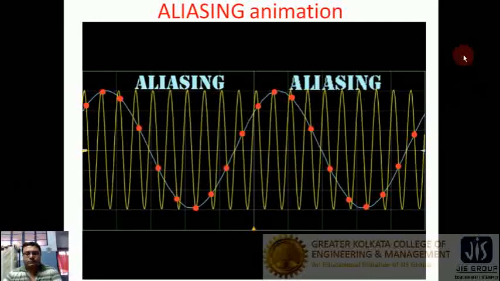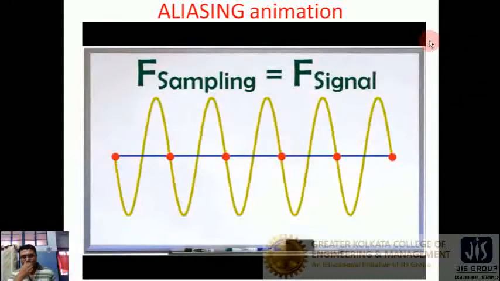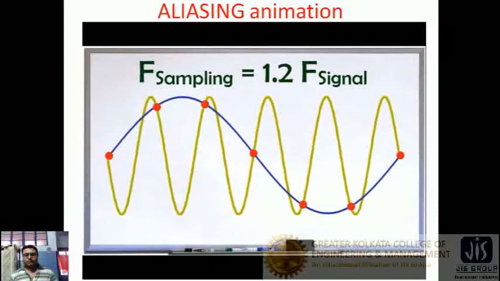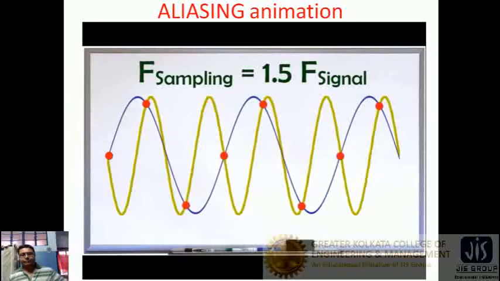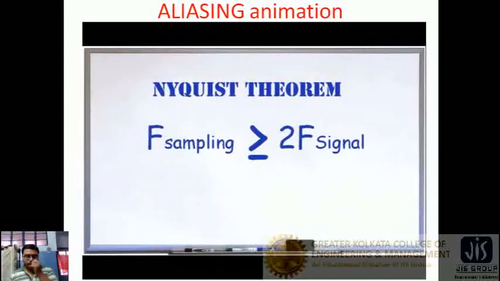Aliasing is the effect of an insufficient sampling when a signal is digitized. The effect results in a false digitized signal with a frequency lower than that of the original analog signal. The frequency of the aliased signal can be anywhere from dc up to 1/2 of the sampling frequency. According to the Nyquist theorem, the sampling frequency must be at least twice the highest frequency contained in the signal to avoid aliasing.